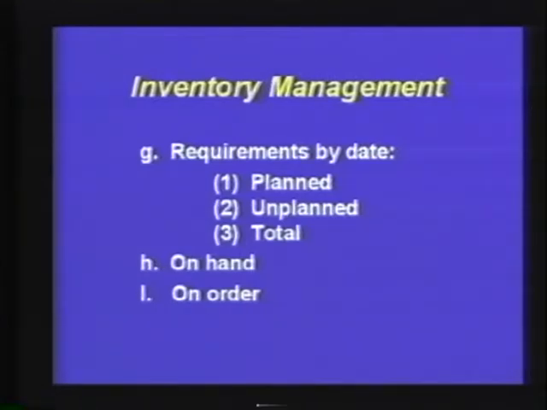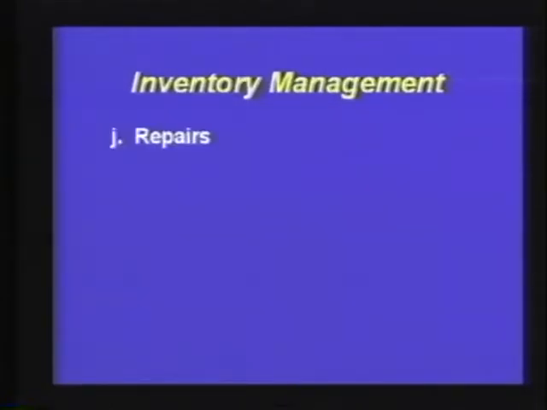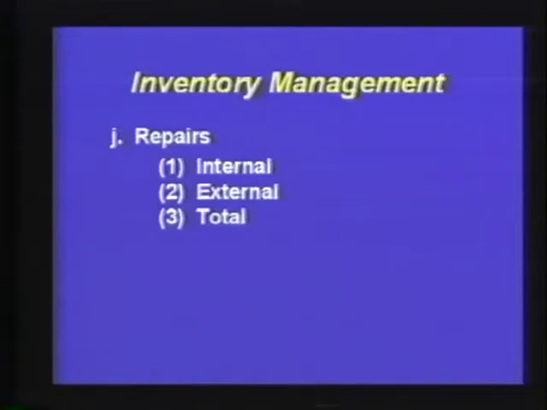So if I have more than one outstanding purchase order, or if I manufacture the spare part and I have more than one manufactured order outstanding, then I is the summation of the total on order. J pertains to the repairs, and those repairs can be either internal through a maintenance work order system, or they can be done externally through the purchase order system.